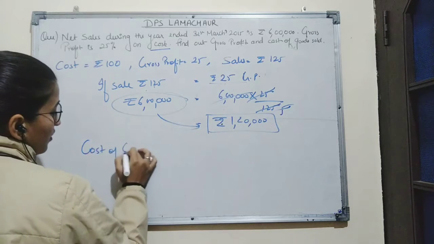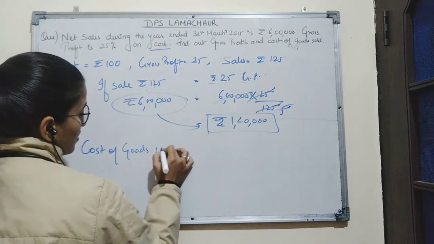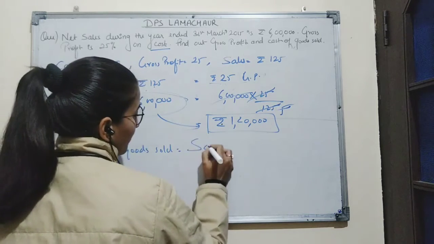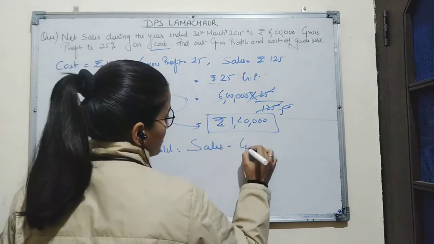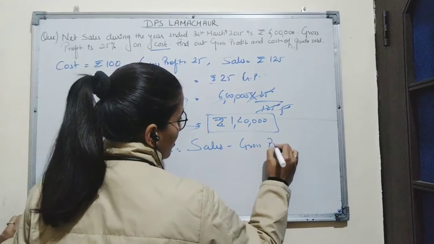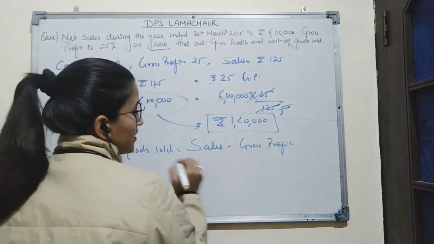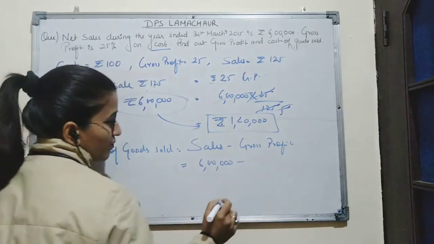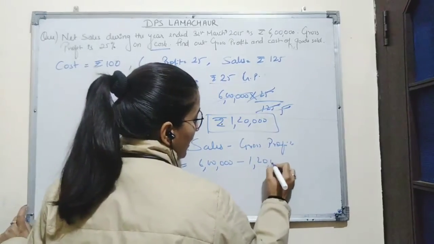So here now we can calculate cost of goods sold. Formula is sales minus gross profit. Sale amount is rupees 6 lakh. Gross profit amounts to rupees 1,20,000.